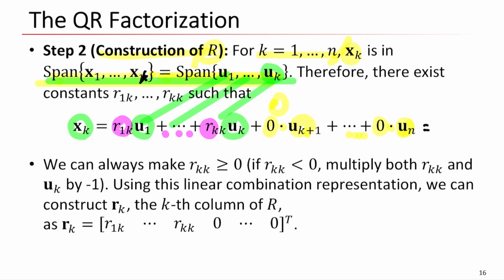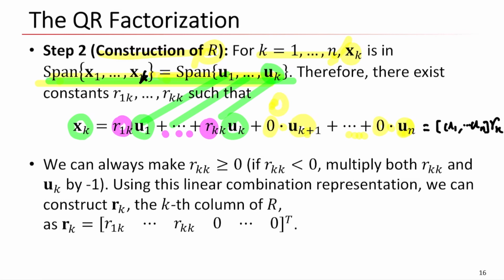So we can make this representation as something like the vector u1 through un times rk, right?